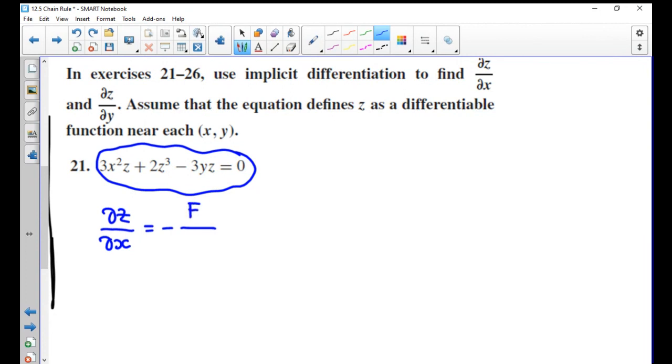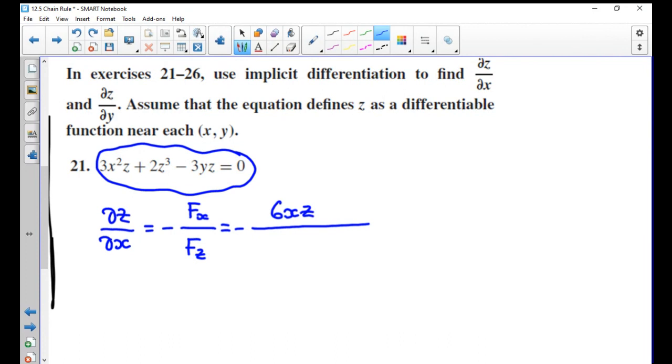minus fx over fz. All right, so what is fx here? If you look at the function, it's 6xz only, there's nothing else.